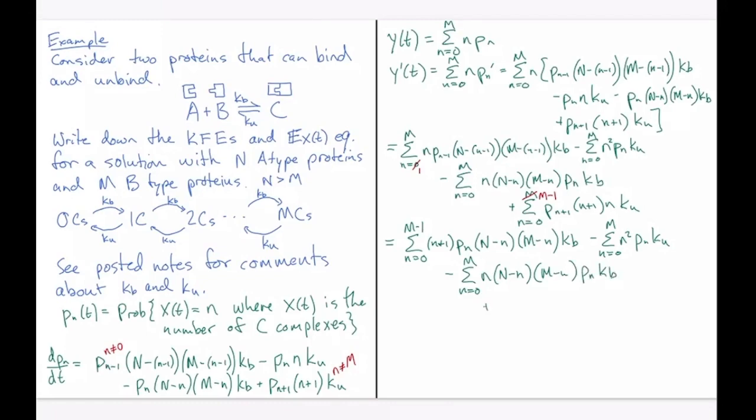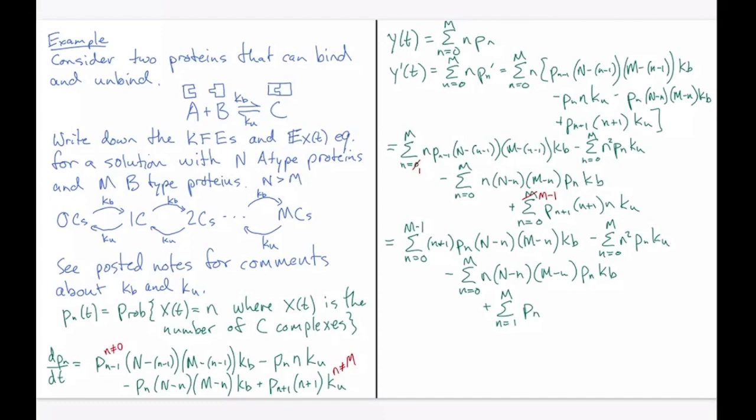And this one we're shifting the other direction, so n's become n minus 1's, and the summing index goes in the opposite direction. So before a 1 became a 0, now a 0 becomes a 1, and we're going all the way up to m. And the subscript on the p becomes pn.